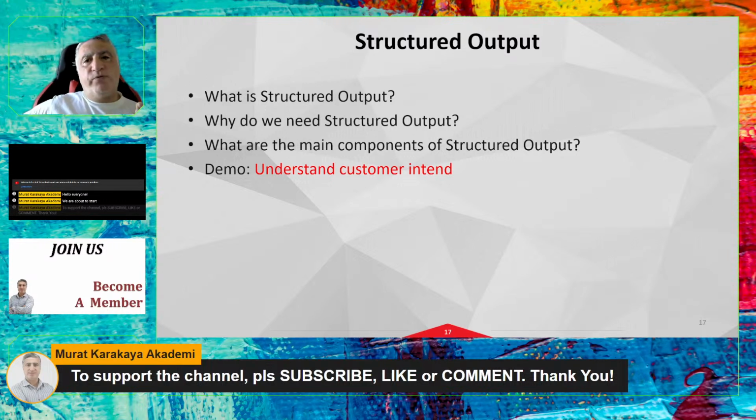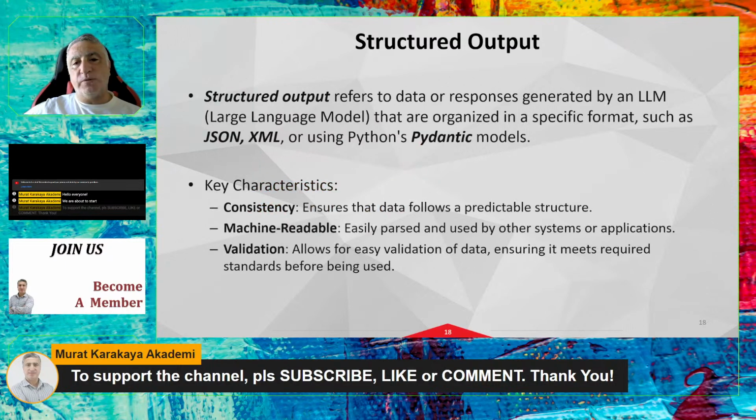I will talk first about why we need structured output and how to use it in our ATM coding example. In that demo, I would like to show you how to understand the customer intent. After understanding the customer intent, we can call the required function.